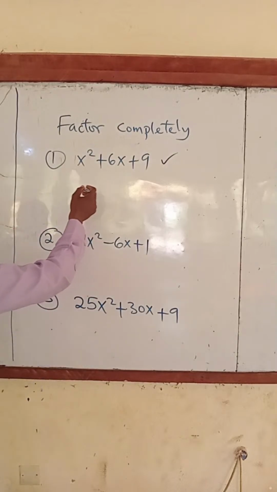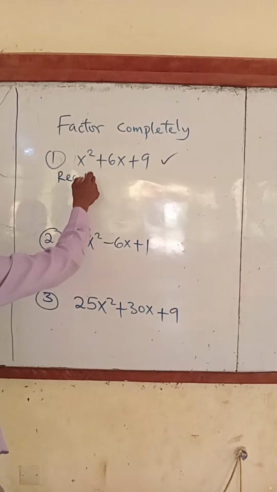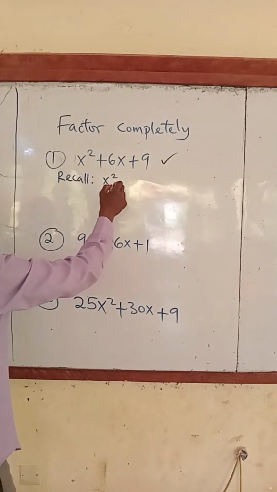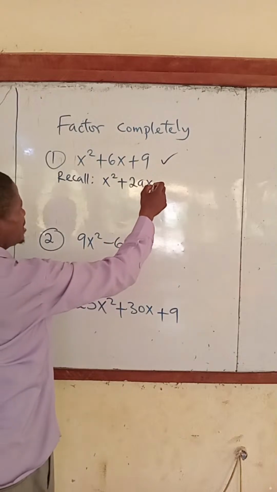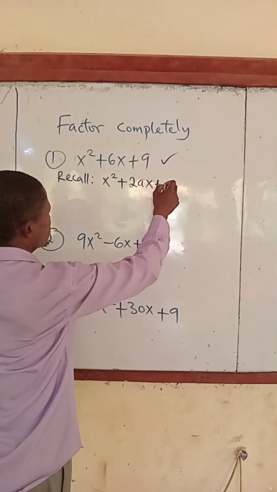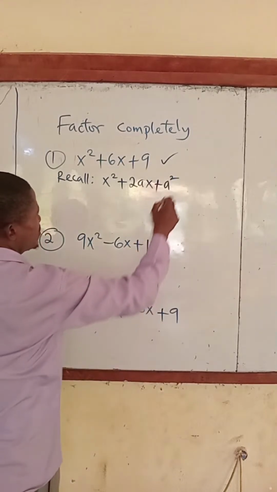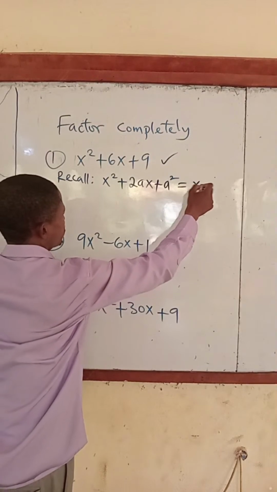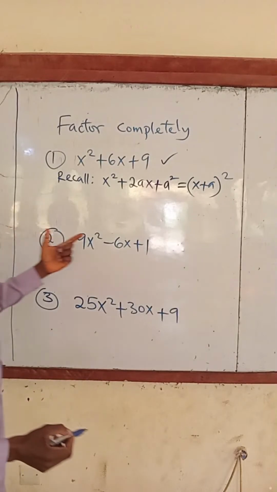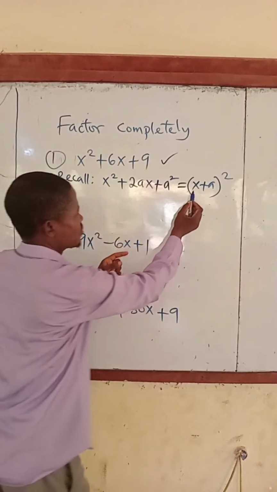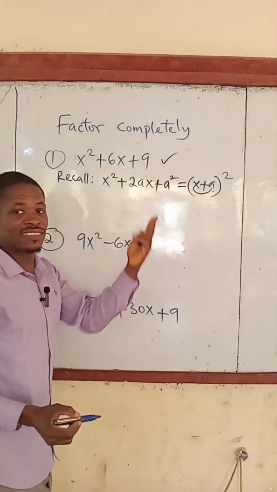Recall this. x squared plus 2ax, and then plus a squared will give you x plus a whole squared. One thing about perfect square is that you must have, look at this one now, x plus a. Multiply the two together, that'll be xa.